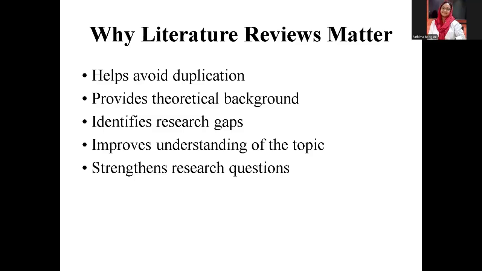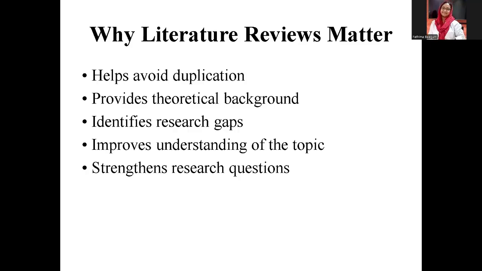For example, you plan to research X formulation in Y activity. If you are not doing a thorough literature review, you cannot say that your project or your topic is novel.